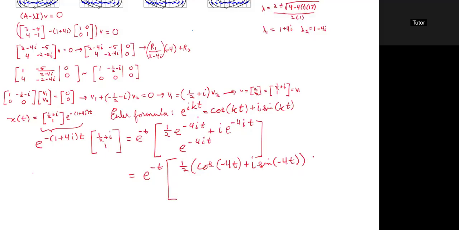And then the second part will just be I times cosine negative 4t plus I sine negative 4t again. We can definitely simplify this later. And on the lower side of the matrix, we will have cosine negative 4t plus I sine negative 4t.